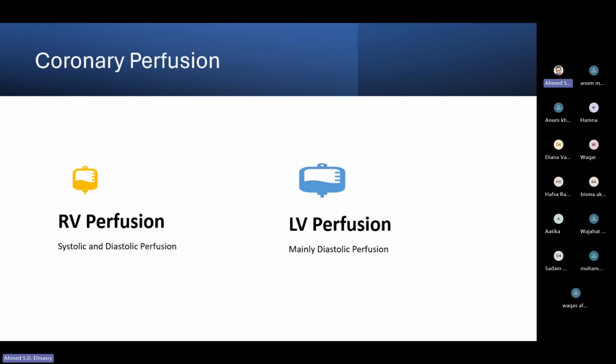The right ventricle perfusion is happening during the systolic and the diastolic phase, and the left ventricle perfusion is mainly happening during the diastolic phase.